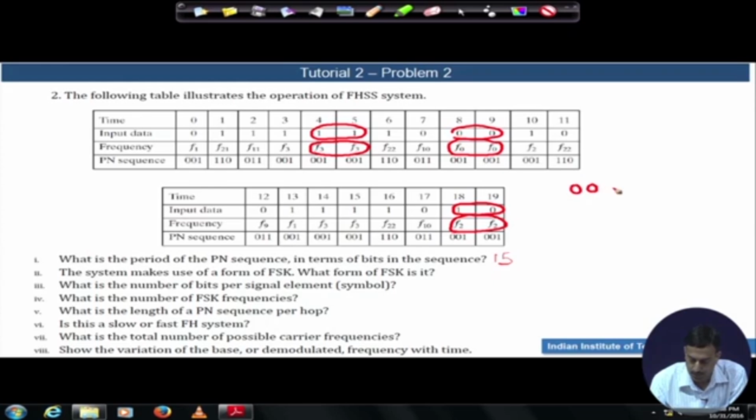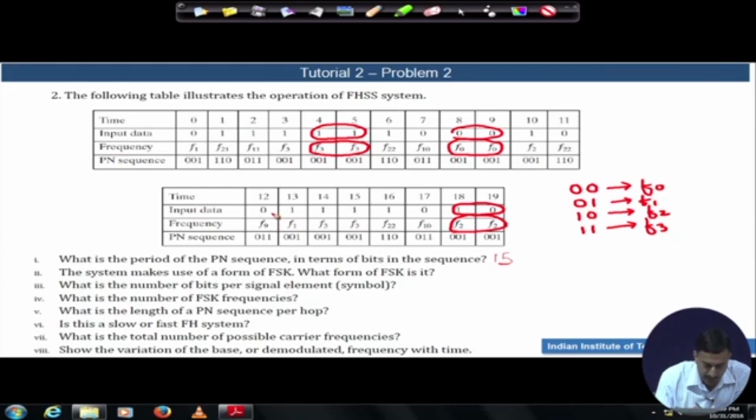So 0 0 is F0, and 1 1 has been mapped to F3, 1 0 maps to F2, and presumably 0 1 would map to F1.